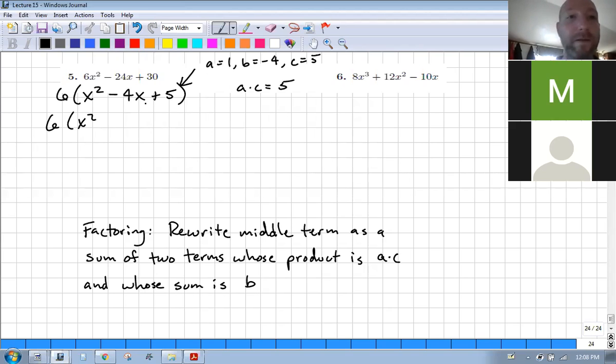Okay, so we need to rewrite this -4x as something plus something.